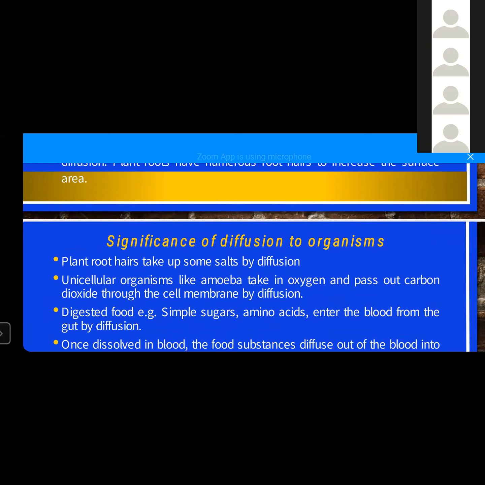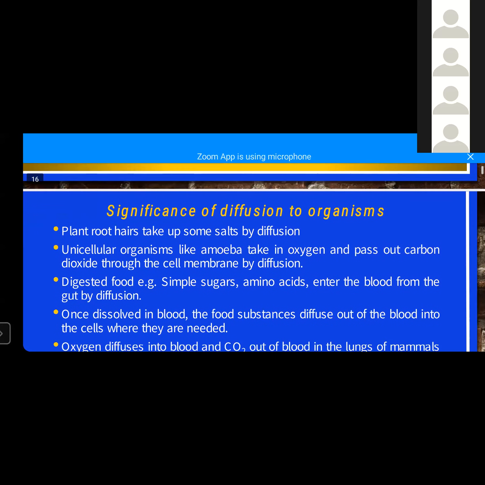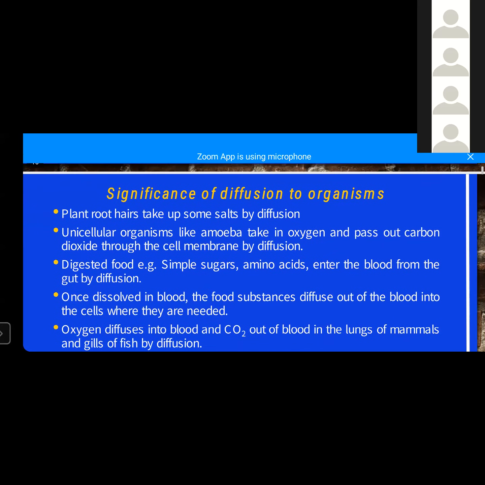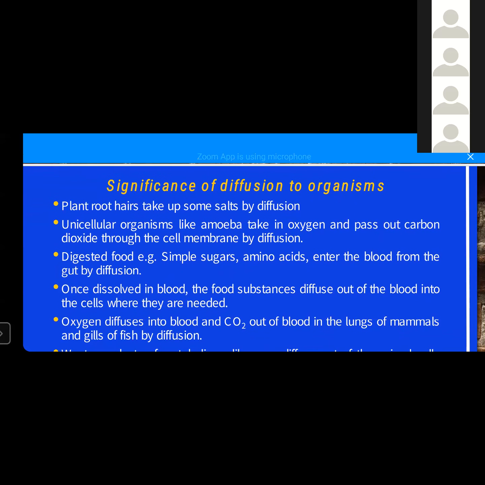Plant root hairs take up some salts by diffusion. Then we have unicellular organisms like amoeba. They take up oxygen and carbon dioxide through the cell membrane. The cell membrane is the site for diffusion in unicellular organisms like amoeba, like paramecium.